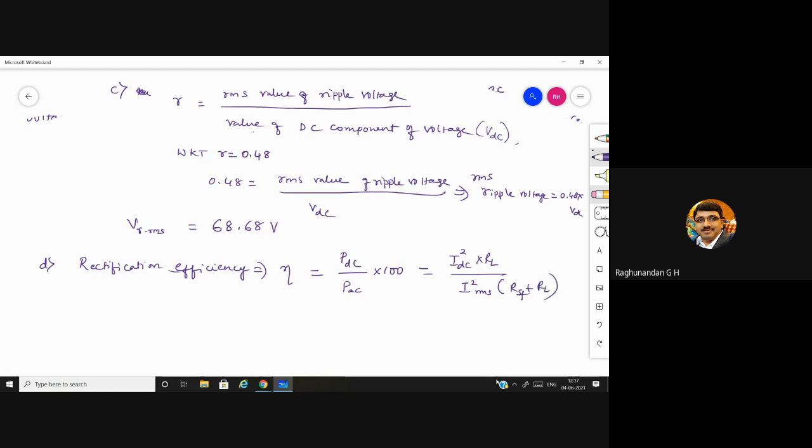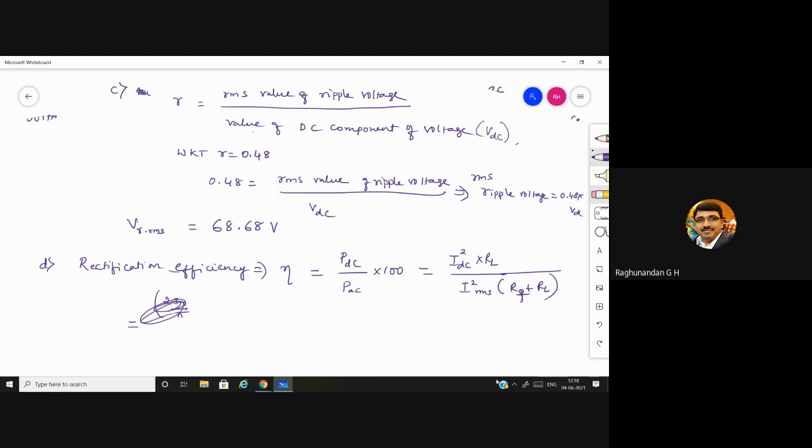In this case, we don't have RS, so it will be just RF plus RL. Now we already know the different values here, or we can substitute IDC is equal to 2Im by pi.